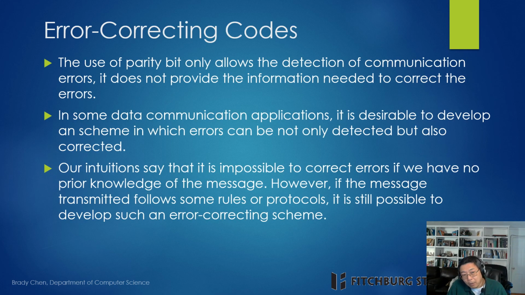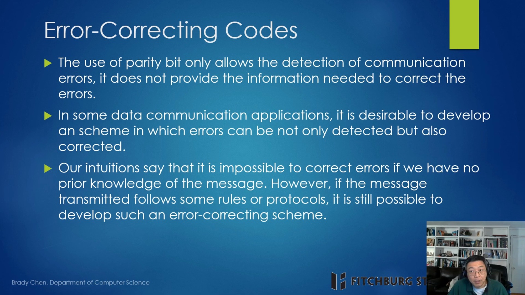So the parity bit allows us to detect communication errors. When an error occurs, it does not provide the information needed to correct the errors. However, in some data communication applications, it is desirable to develop a scheme in which errors can be not only detected, but also corrected.